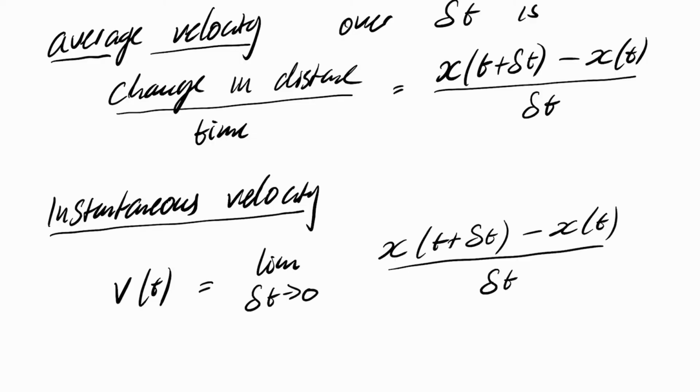So the instantaneous velocity is itself a function of time, and it's the limit as we take the average velocity over a shorter and shorter time period. Mathematically, that is the limit as delta t tends to 0 of the displacement at one time minus the displacement at another time separated by delta t.